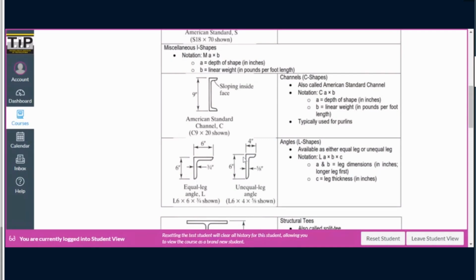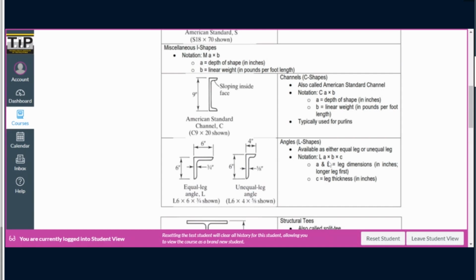Generally, we classify angles into two, either equal leg angles or unequal leg angles. When we say equal leg, both legs have the same length, while for unequal leg angles, the legs have different lengths. For the nomenclature, we call them L shapes because it is shaped as the letter L, so we denote it as L. And then we have three numbers here, A, B, C. The numbers A and B are the leg dimensions in inches.